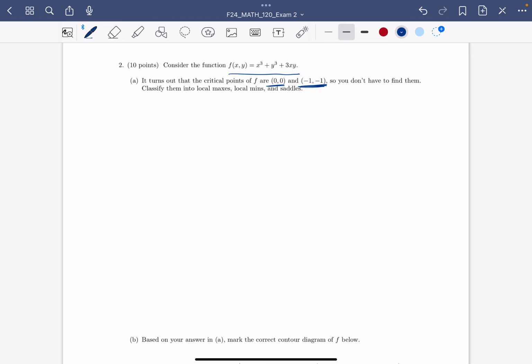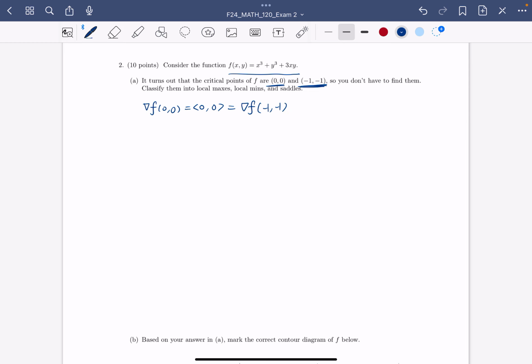But you do have to classify them into local maximum or local minimum or saddle points. So from here we know gradient at 0 is the 0 vector, and gradient at (-1, -1) is also a 0 vector.